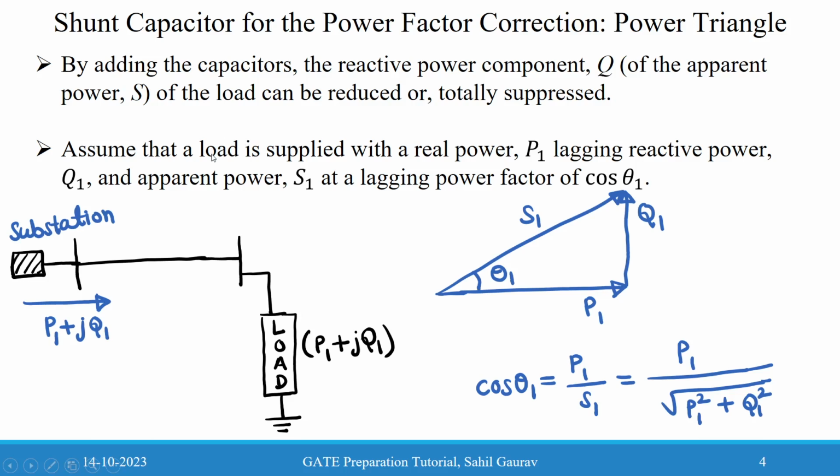Let us assume a load is supplied with a real power P1, lagging reactive power Q1 and apparent power S1 at a lagging power factor of cos theta 1. So this is the power triangle.